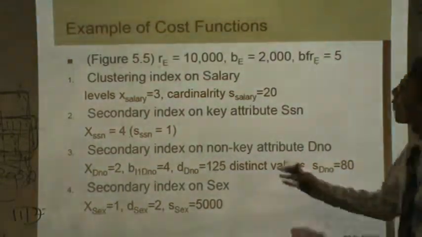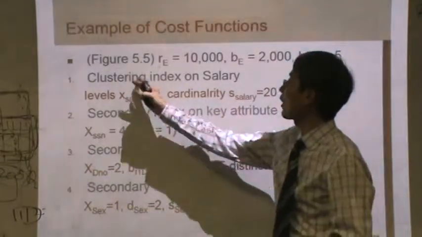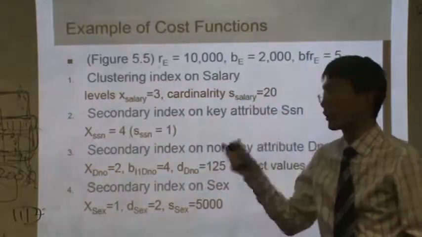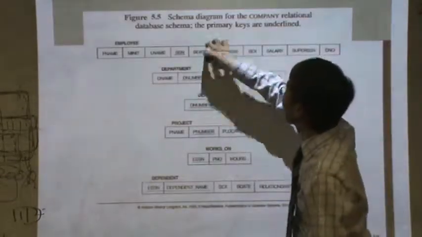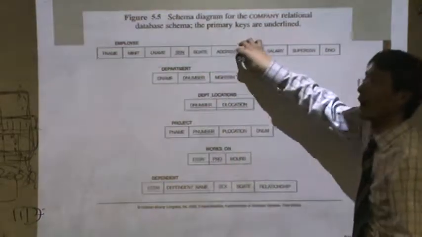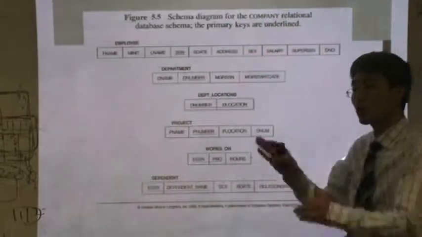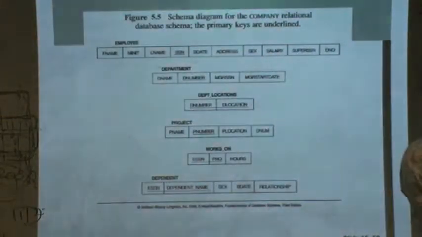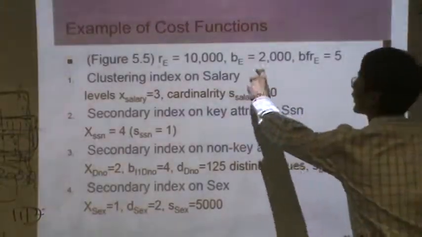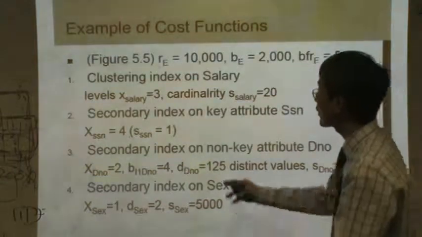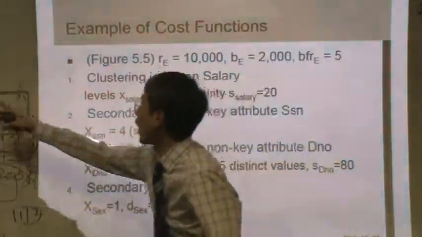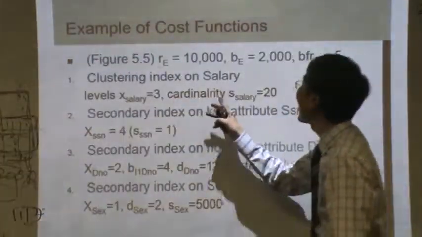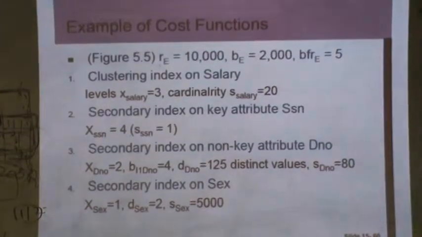Also we have the clustering index on salary. So here, the employee is ordered by salary. That's the index. However, sometimes there are employees who have the same salary, which means it's not unique. That means it's a clustering index. This index has 1, 2, 3 levels. Cardinality. What is the cardinality?